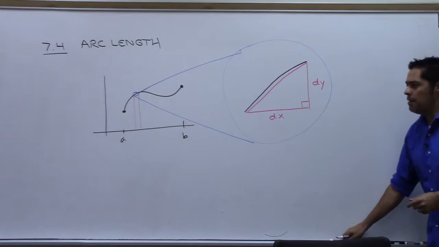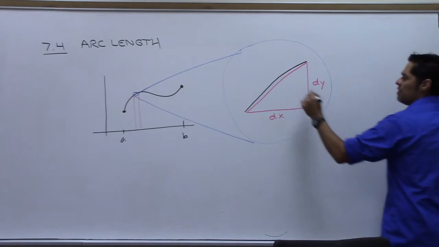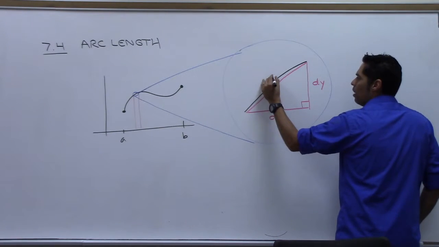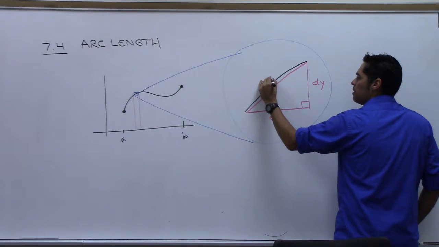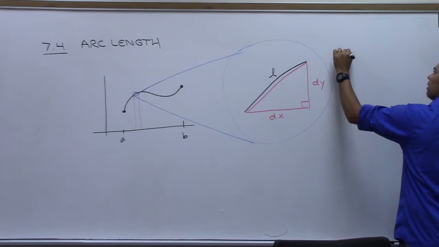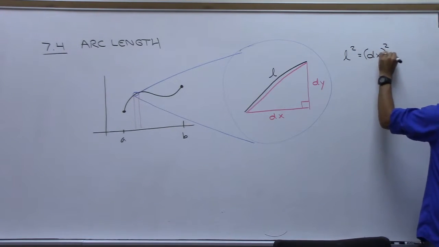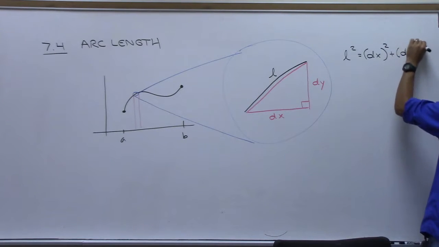And by the Pythagorean theorem, you get a squared plus b squared is c squared. So this, let's call this L. I'll call it little l, okay? Little l squared is dx squared plus dy squared. Do we agree?